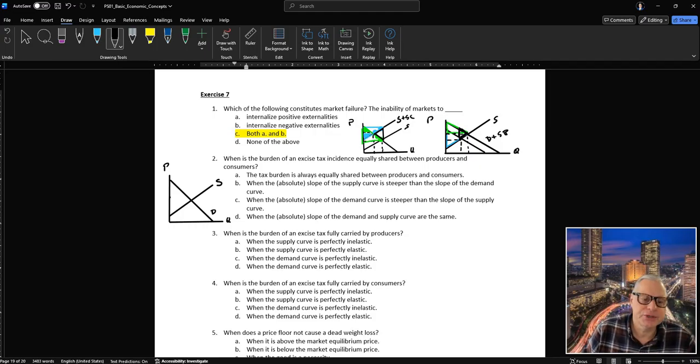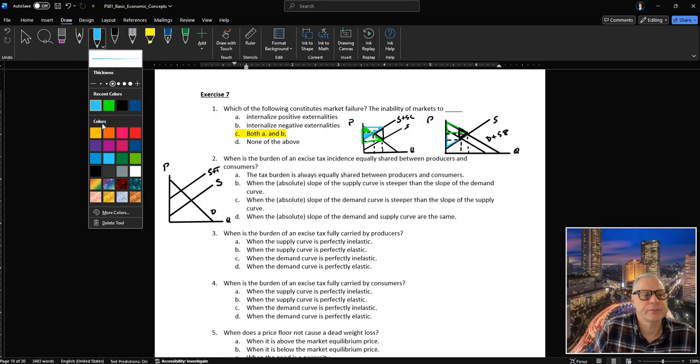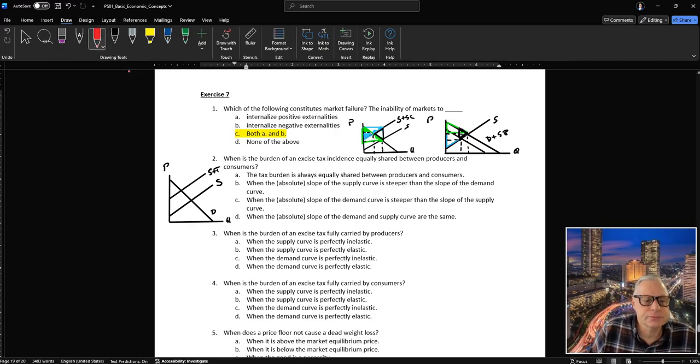Then if I impose a tax, S plus T tax, then we know that the total tax revenue is this distance here. So people pay this at the cashier, but this is the price that the producers get. So this is the total tax revenue.